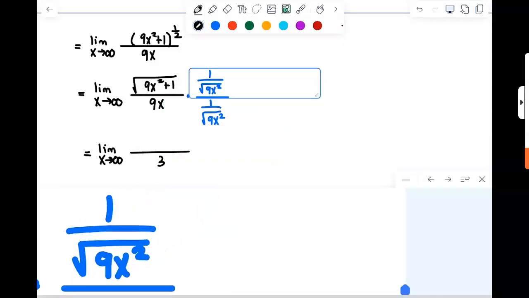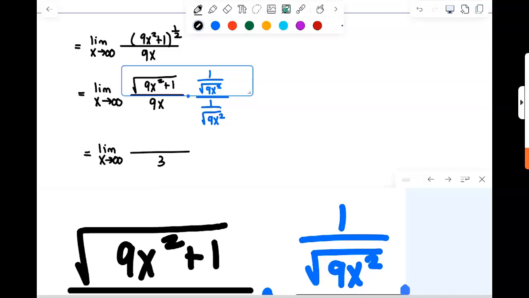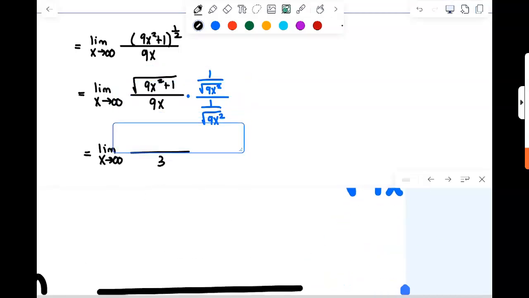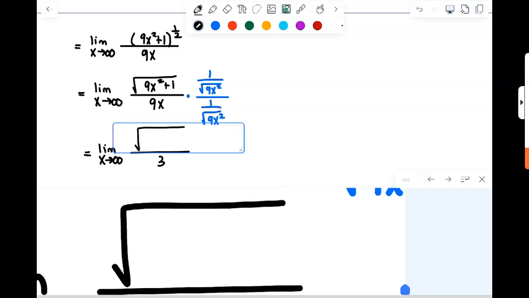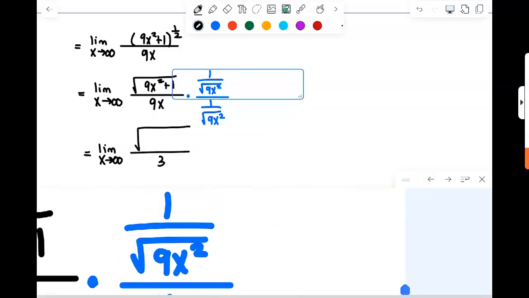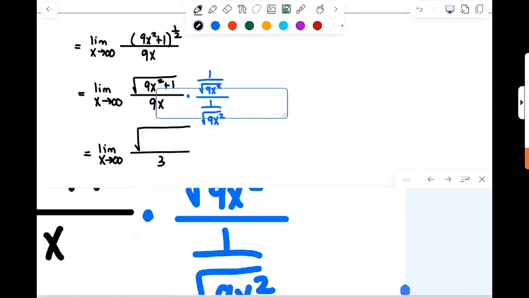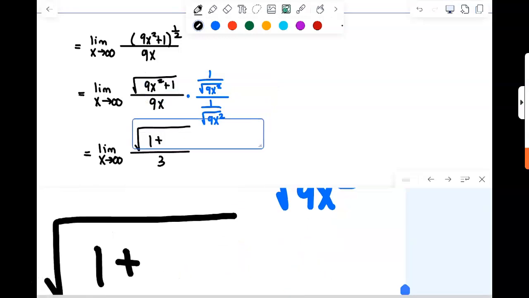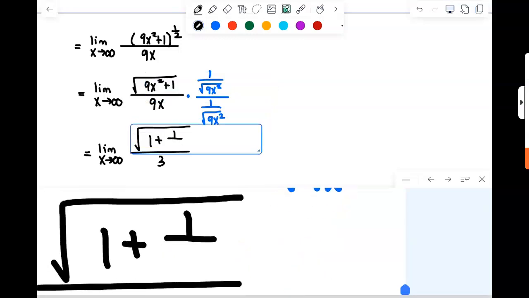In the top, I wrote that as a square root so I can get it inside there. So that square root will actually go inside now. And when it goes inside, you're going to have 9x squared divided by 9x squared, which will be 1, plus 1 divided by 9x squared.